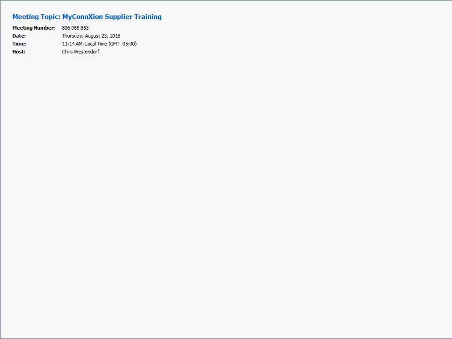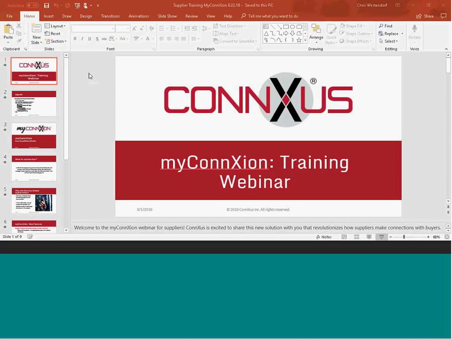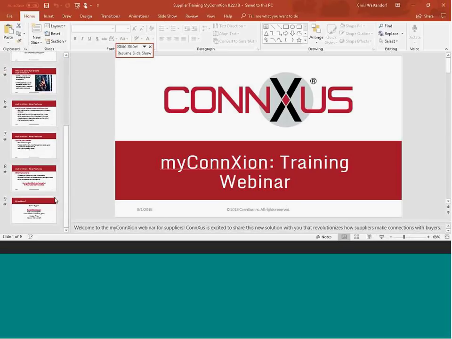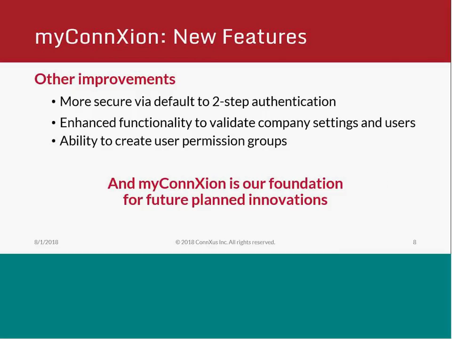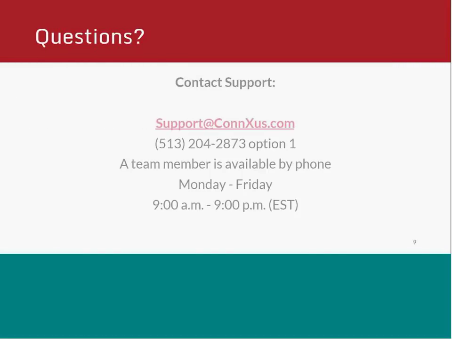If you want to ask any additional questions, or have any comments or concerns, let's go ahead and share that screen for you so you can see how to reach out to us at support@connexus.com. Also, if you want to reach out to us via phone, you can do that at area code 513-204-2873, option 1. A team member will be available to you Monday through Friday, 9 a.m. to 9 p.m. Eastern Standard Time.